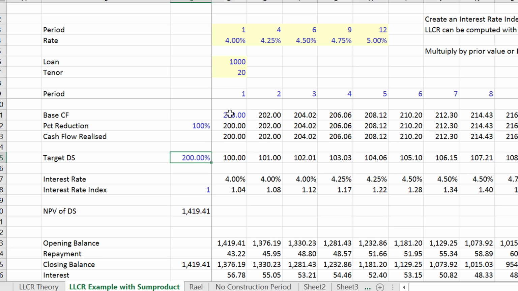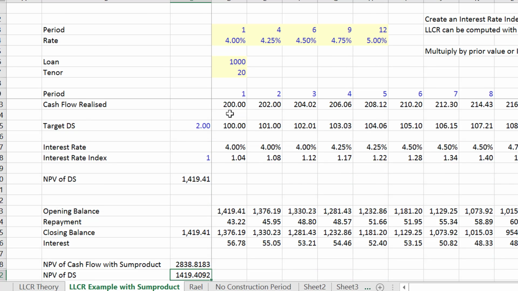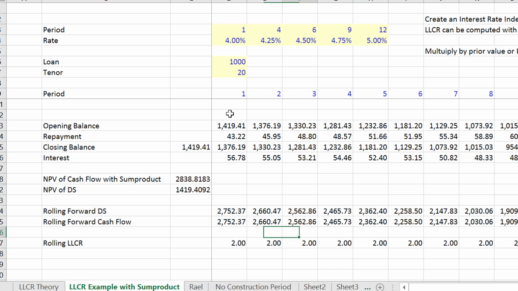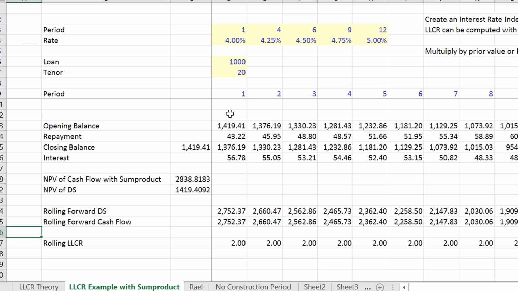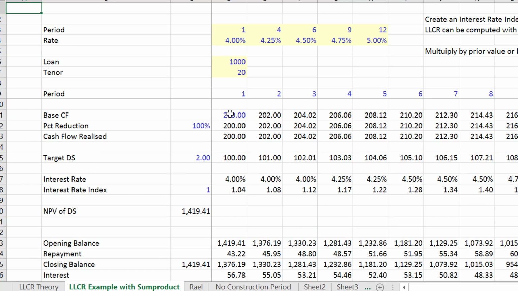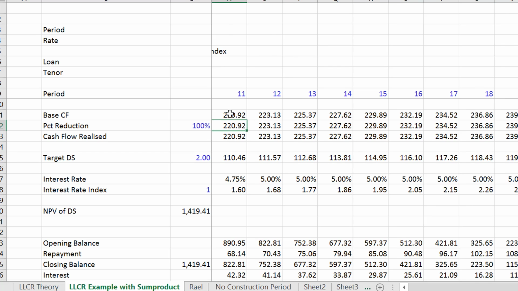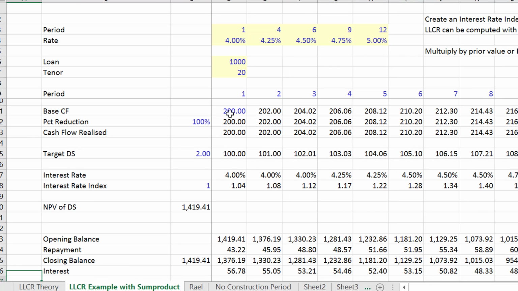This is our target debt service coverage ratio, and now our rolling forward DSCR is 2, and I guess I just proved it to you. It proves that in this case the cash flow can go down by a factor of 2 all the way across.